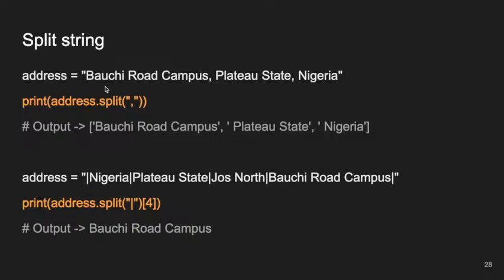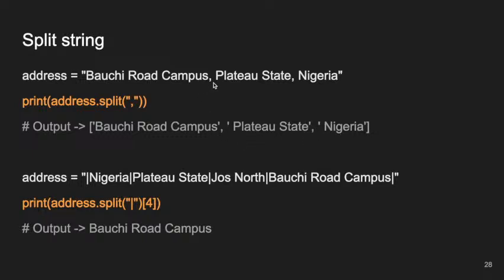If you want to split by comma, you will get an array of substrings: Bauchi Road Campus, Plateau State, Nigeria.